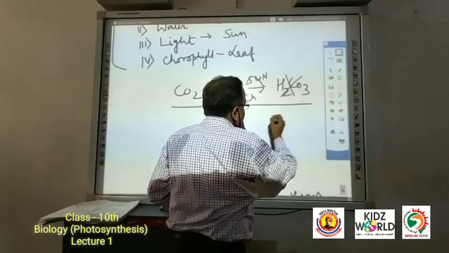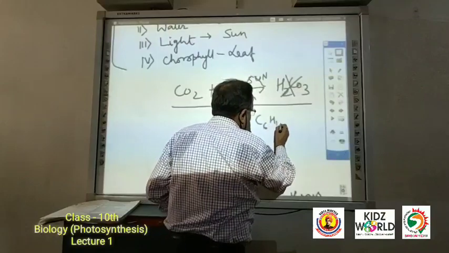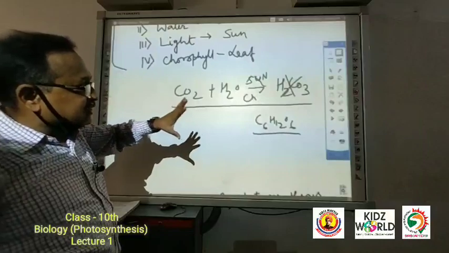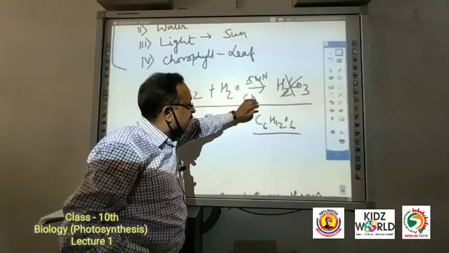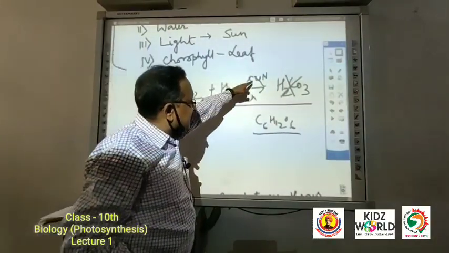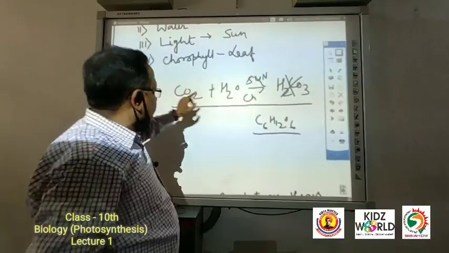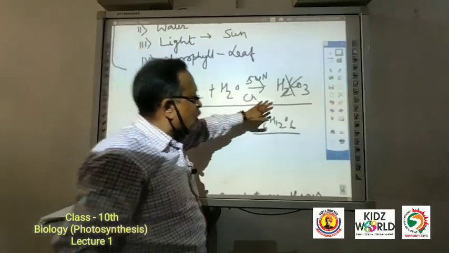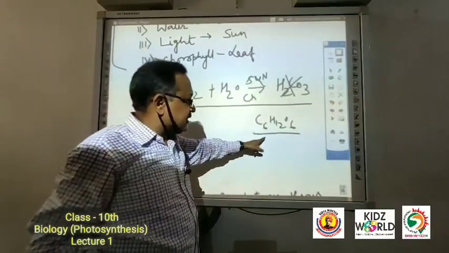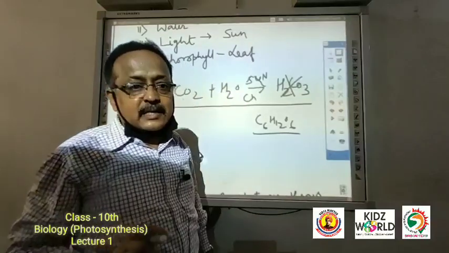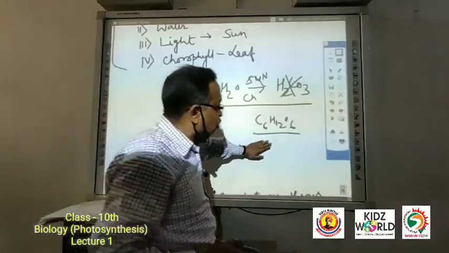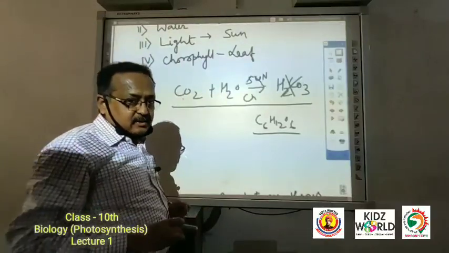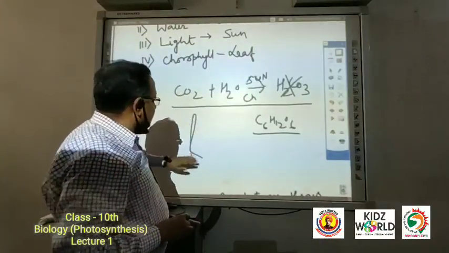It will form C6H12O6, meaning glucose. So you can now see the importance of sunlight and chlorophyll putting together carbon dioxide and water to form C6H12O6, that is glucose, and this glucose will go under polymerization and form starch. I think you are clear about it.